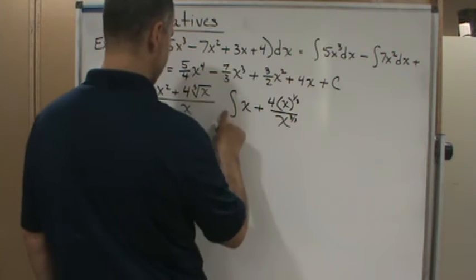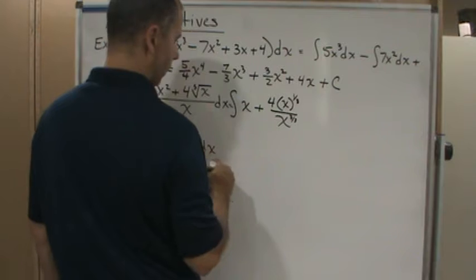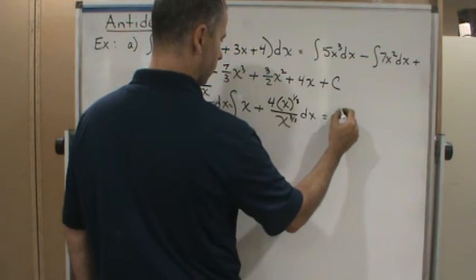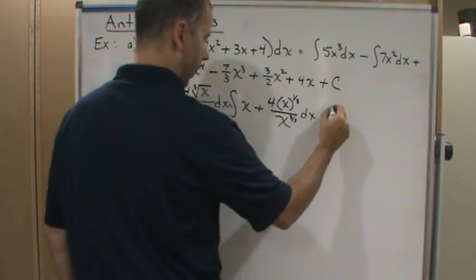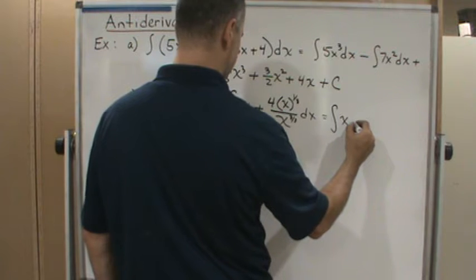Oh, wait a minute, I dropped my dx. Don't drop the dx. Okay, and so this is going to be dx, and then this is going to be equal to the integral of x plus 4.